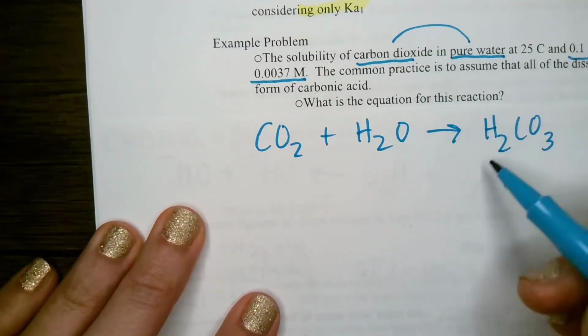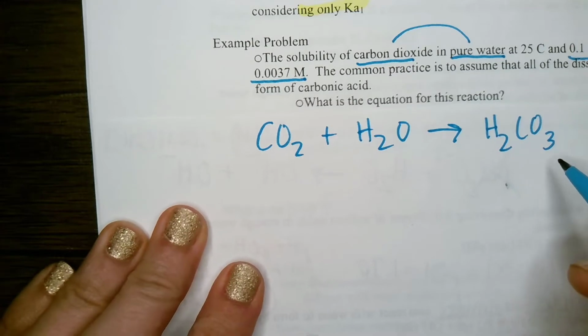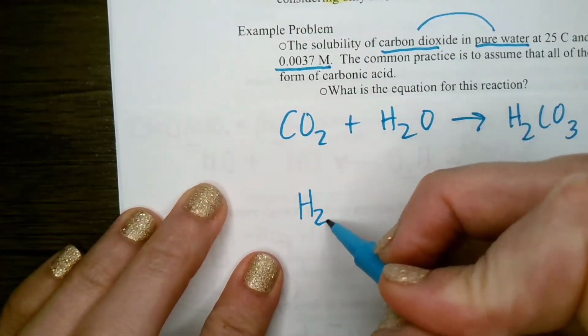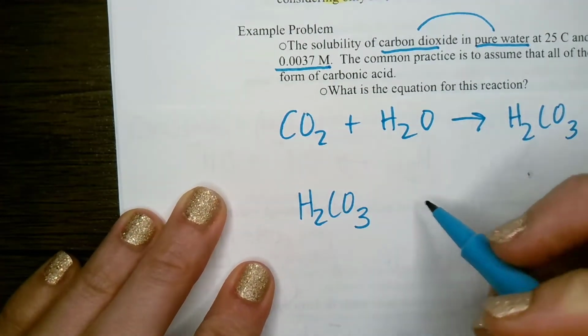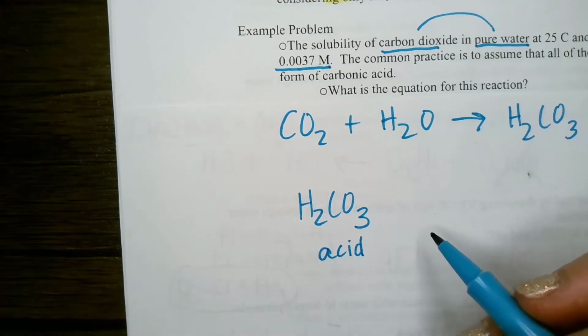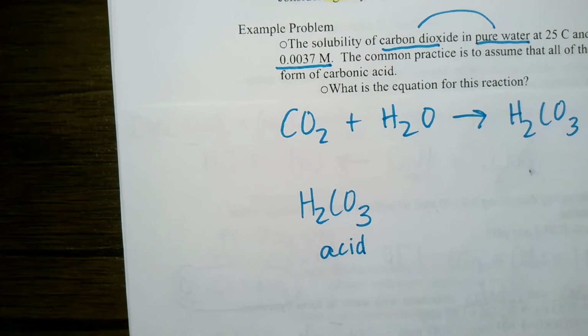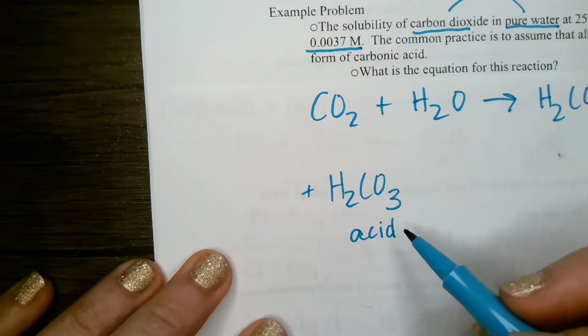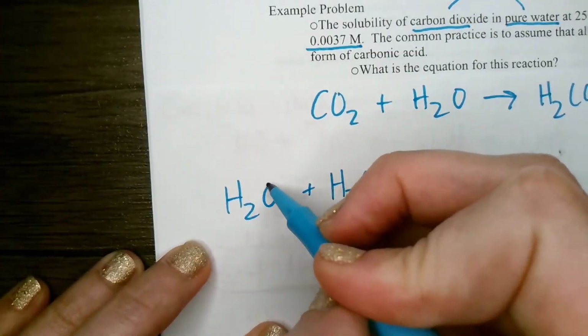So we have our H2CO3, and this is our acid. And again, when we're thinking about Bronsted-Lowry acids and bases, we're putting this in water. So our water is acting as our base.